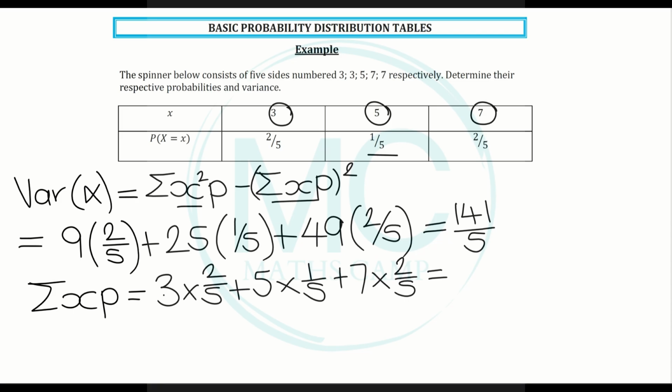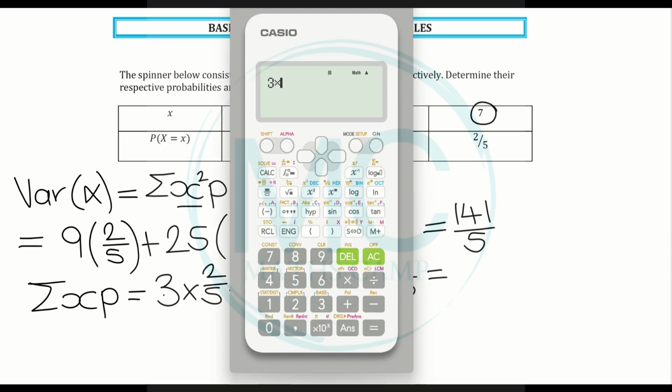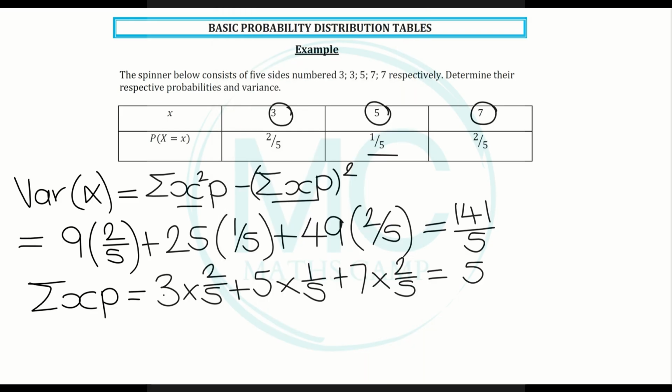Take my calculator. 3 multiplied by 2 over 5 plus 5 multiplied by 1 over 5 plus 7 multiplied by 2 over 5 is equal to 5. Sigma xp is 5. Therefore, in order to find (sigma xp) squared, we simply square 5 and we get 25.